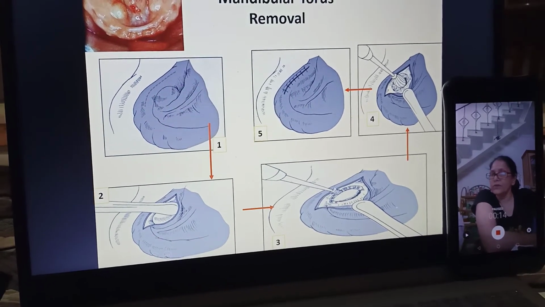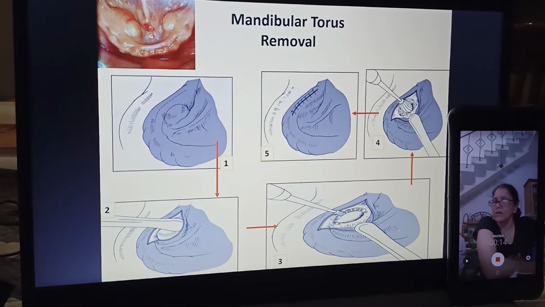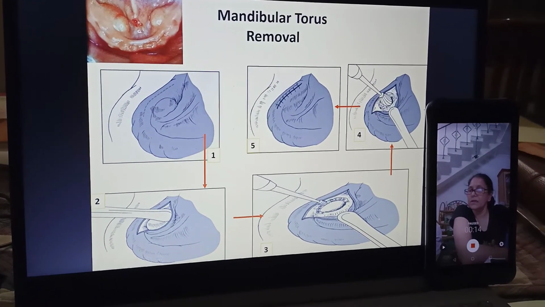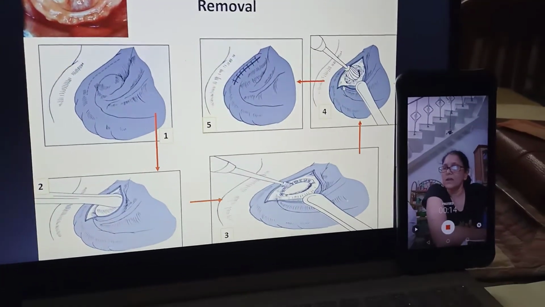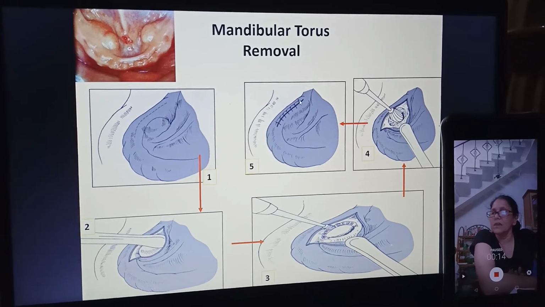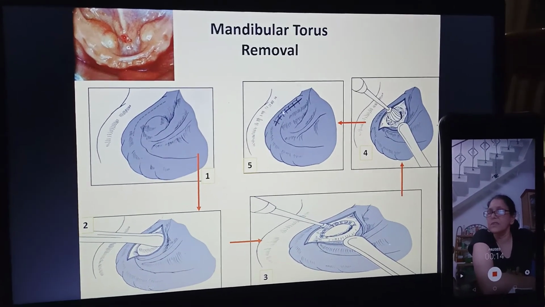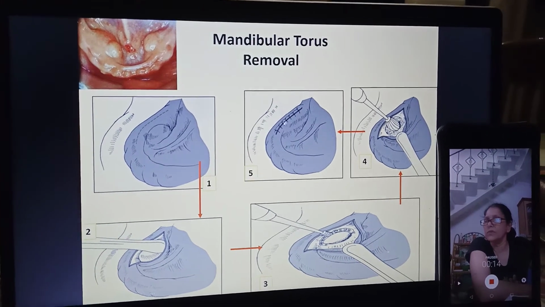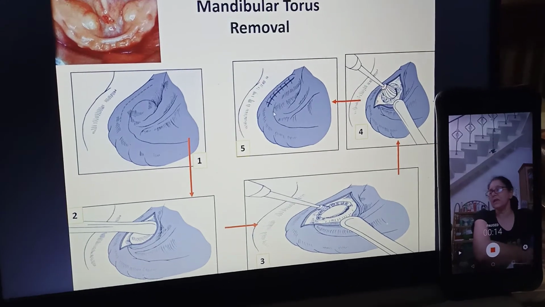You can use a rotary burr to fragment this into small pieces and then finally remove it, and a primary closure using maybe a continuous suture. In this case, a continuous locking suture will be better, which is going to take care of any dead space.